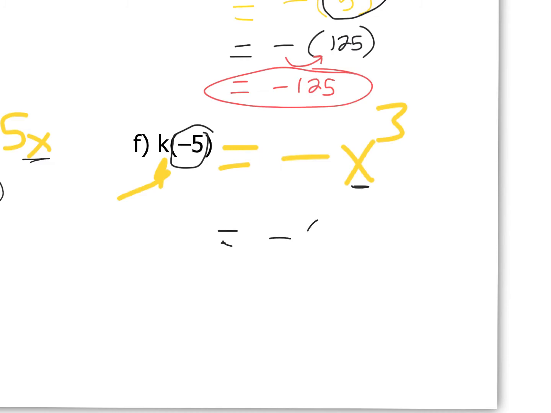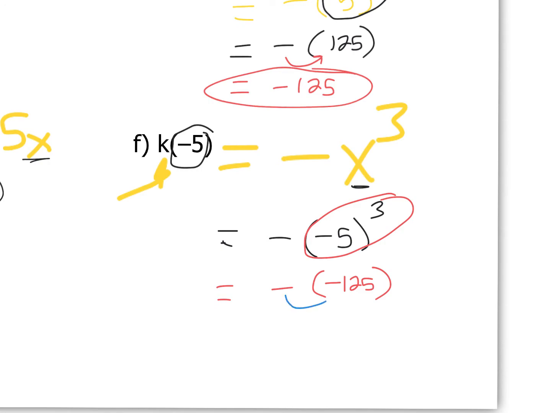So negative parenthesis, negative 5 being cubed. Now we do the exponent. Negative 5 cubed is negative 125. And then negative times negative 125 is positive 125. So k of negative 5 is equal to that.